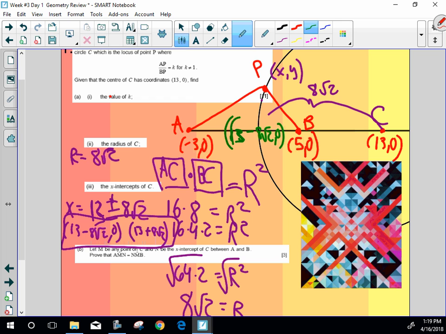So let's do it. AP is going to be 13 minus 8 square root of 2 minus a negative 3. And what's BP going to be? 13 minus 8 square root of 2 minus what? 5.